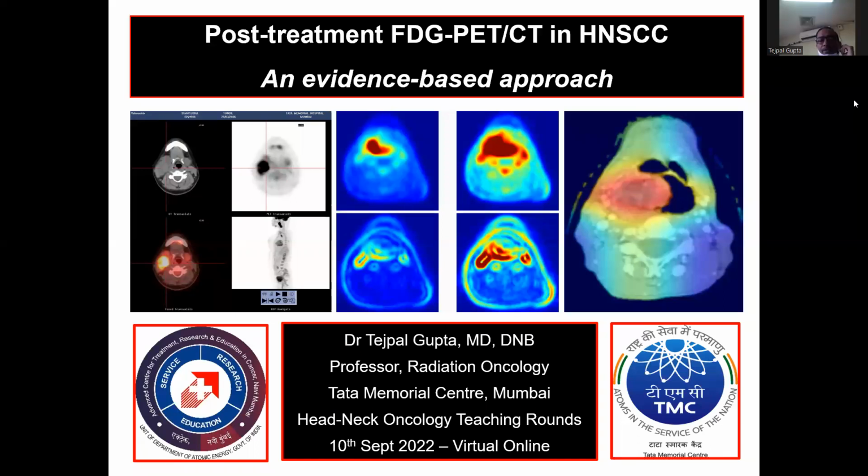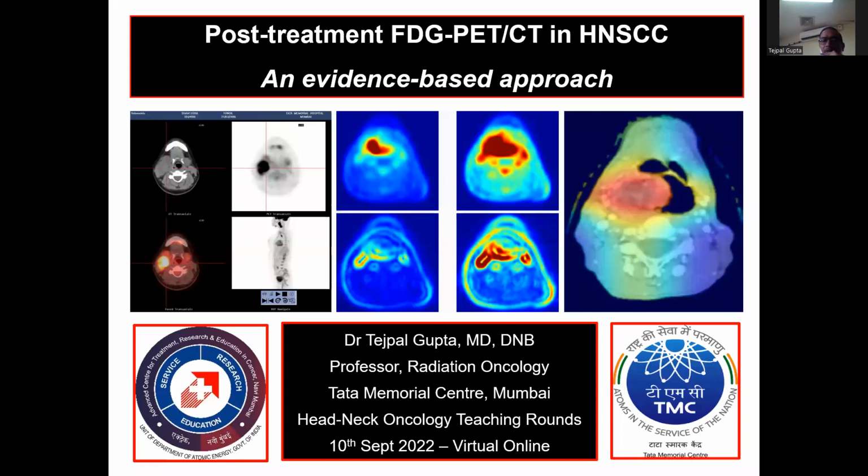Again, apologize for issues with logging in and sharing the screen. So I think Poonam asked me to talk on the systematic review and meta-analysis of post-treatment FDG PET in head and neck cancers, and I thought I will slightly broaden the topic, and I have reworded it as an evidence-based approach.